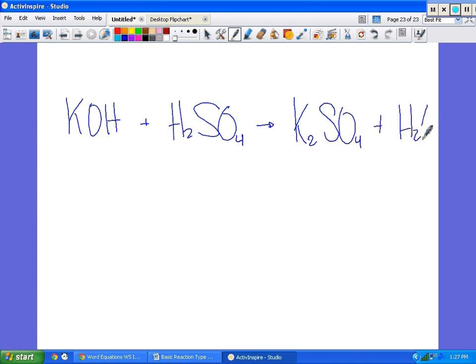All right, here, let's look at this now. Natalie, there's something we can do here to make this a whole lot easier for us. What can we do to make this easier? Change water to HOH. Why would that make it easier? Because then you have hydroxide on both sides. So we're going to change this to HOH. All right? Now, I have 1 K, 2 Ks. So what does that mean?